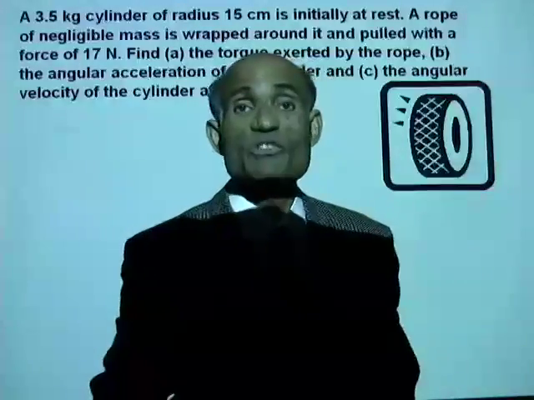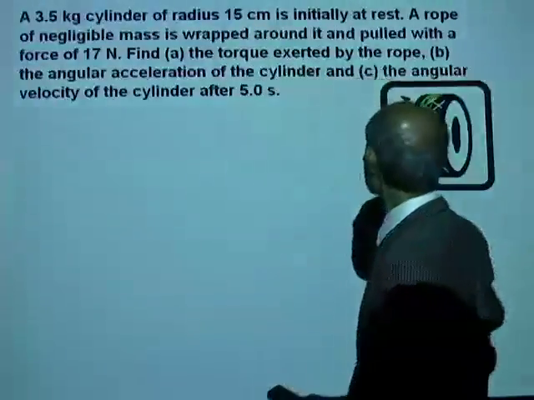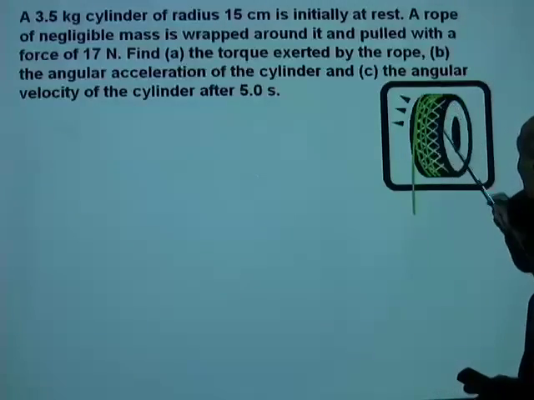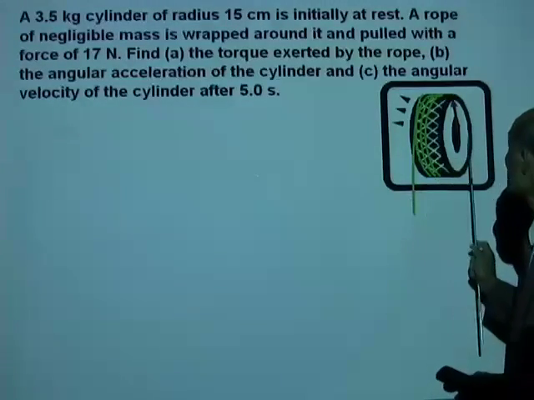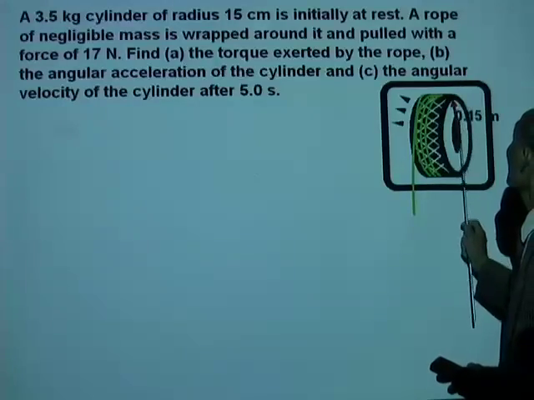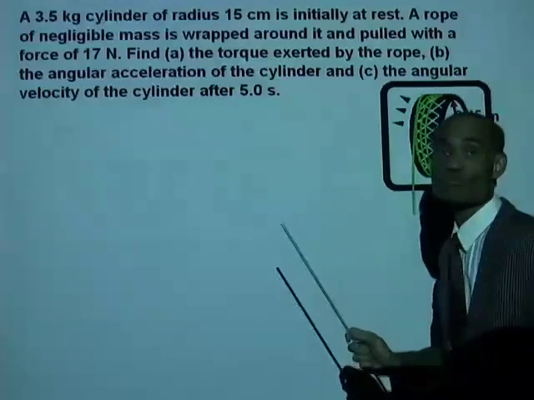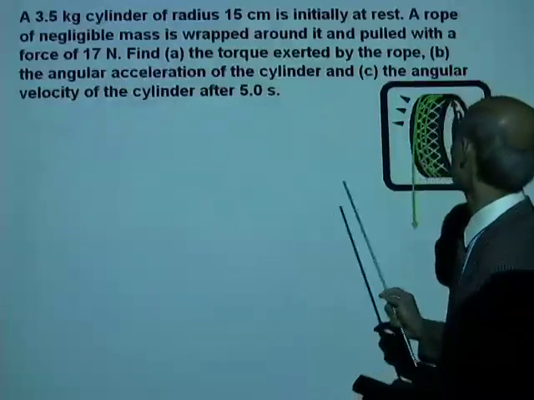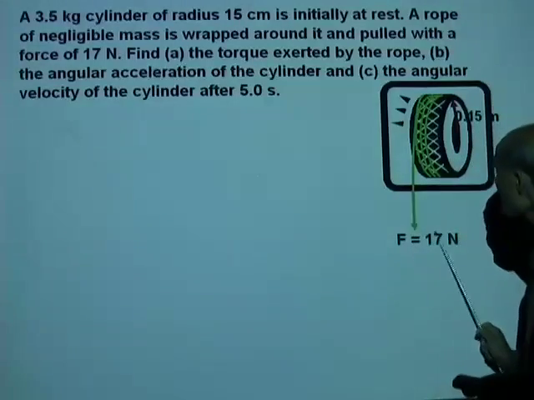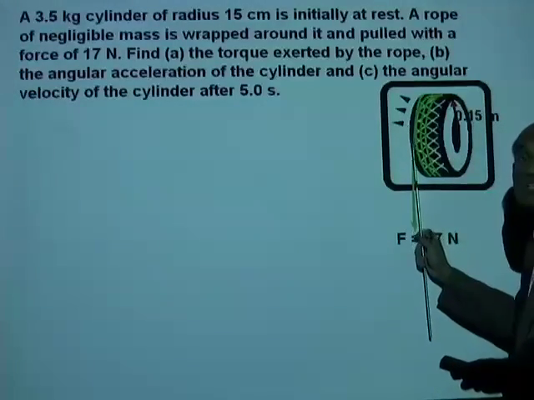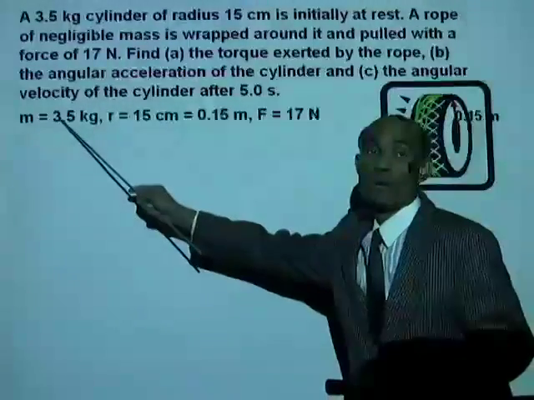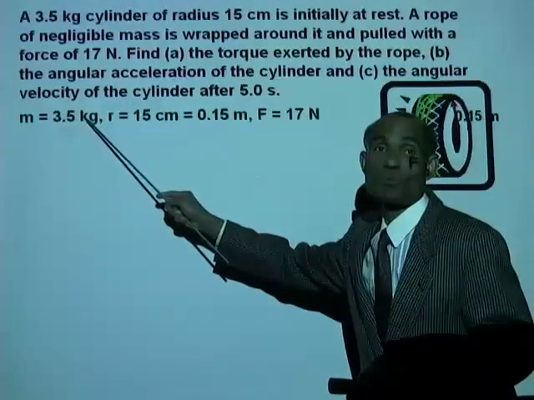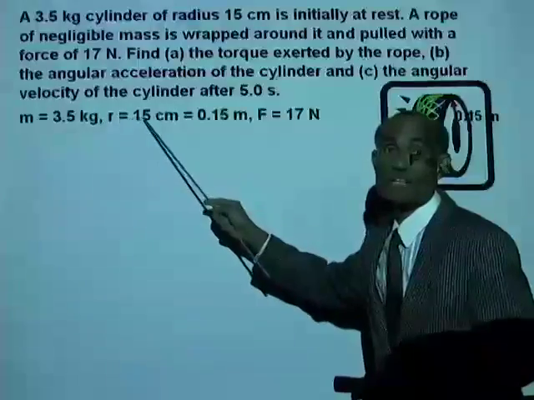This is our cylinder and the rope is wrapped around it, and we pull the rope by a certain force. The radius of the cylinder is 0.15 meter. The force that you apply on the rope is 17 Newton. So, mass of the cylinder is 3.5 kilogram.